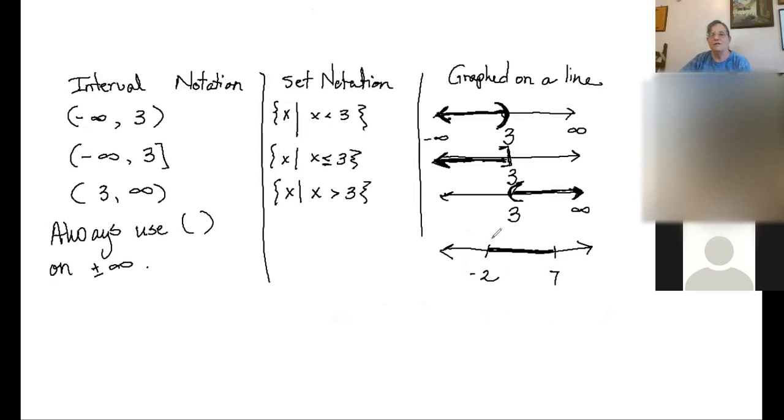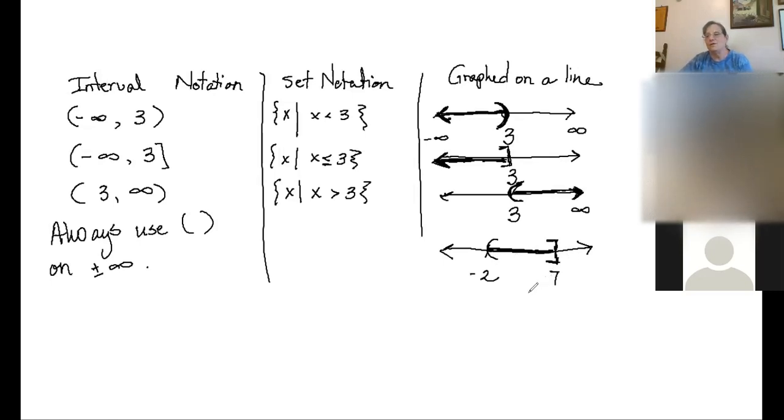And for the fun of it, let's say we want to not include the -2, but we will include the 7. So 7 is in this interval, -2 is not. We have to go with both the parentheses and the brackets to choose from.